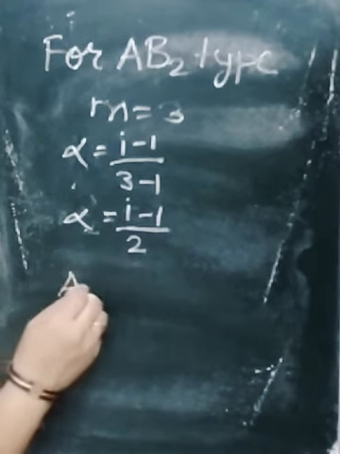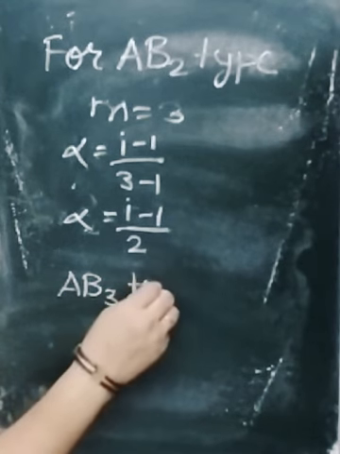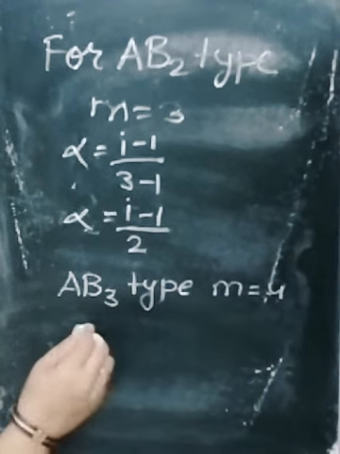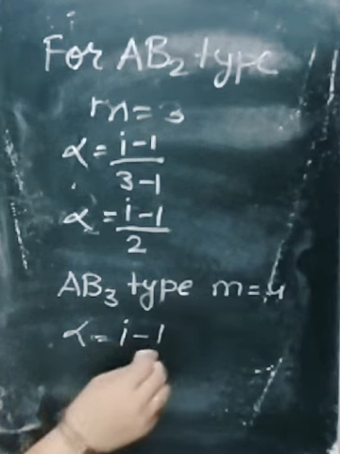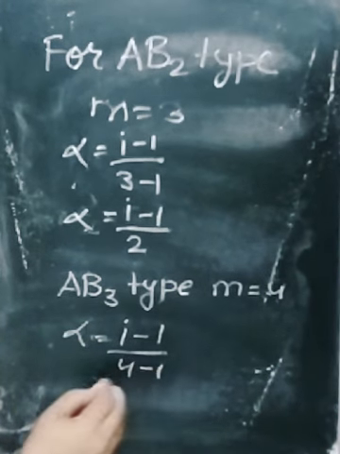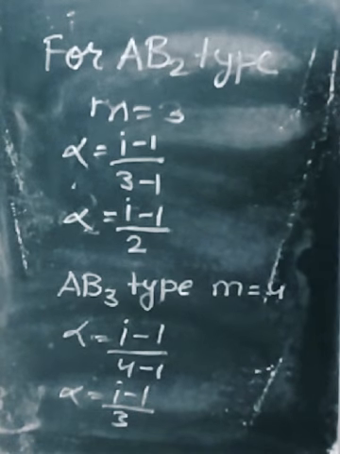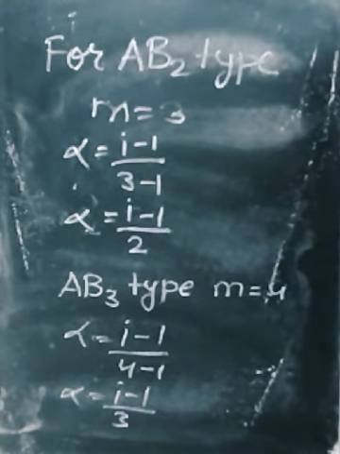For AB3 type, m equals 4, so alpha equals i minus 1 upon 4 minus 1, that is i minus 1 upon 3. This way we can solve for alpha if we know the number of ions formed after dissociation. In our next class we will see how van't Hoff factor and extent of association are related.